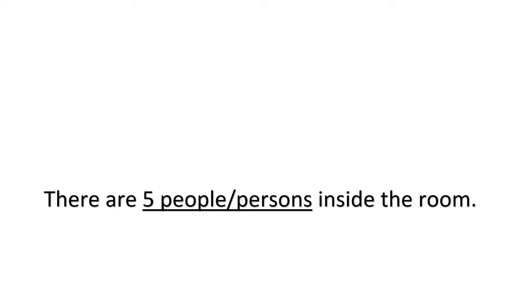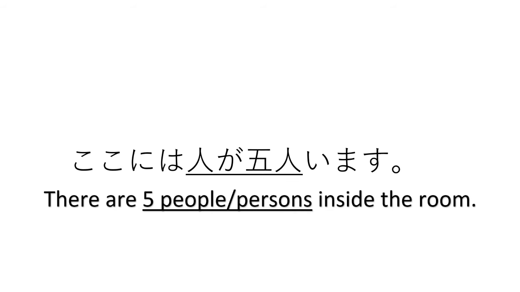Alright, here, what if we want to say the words people or persons only? 5 people, 5 persons. So we say, koko ni wa hito ga 5 nin imasu. As you can see here, we have written the kanji for persons 2 times.